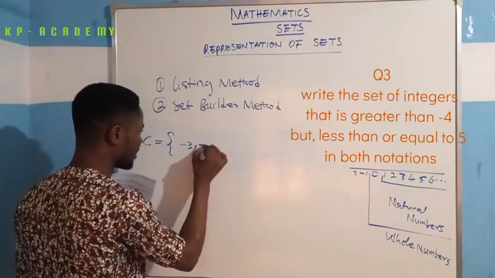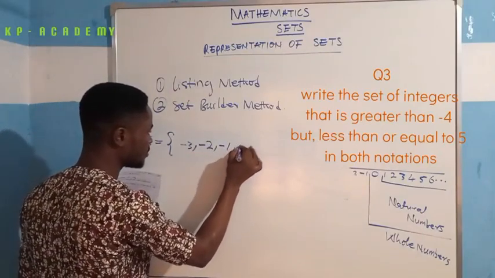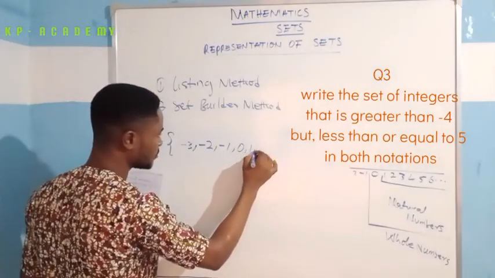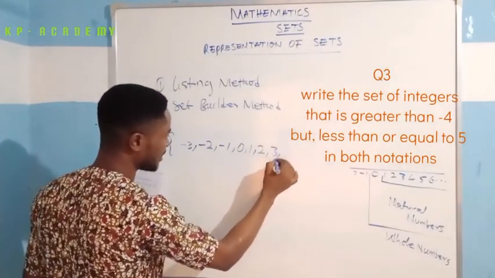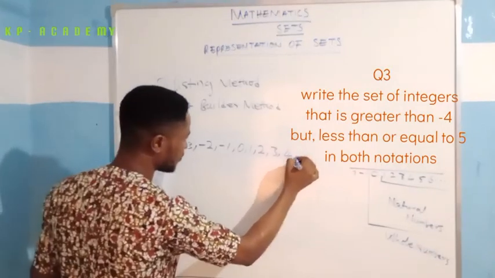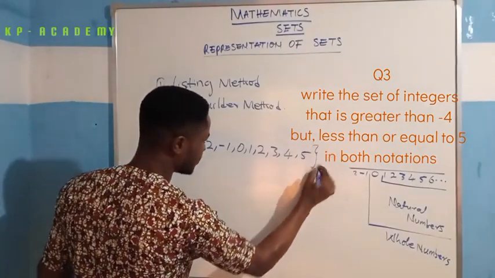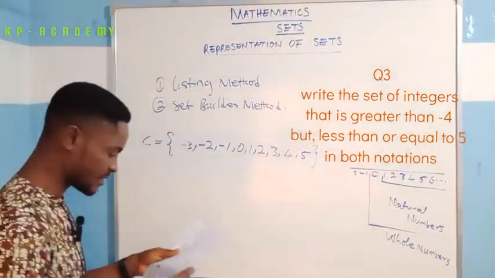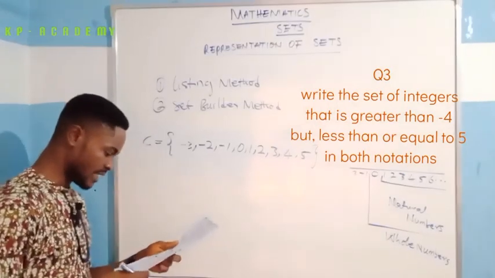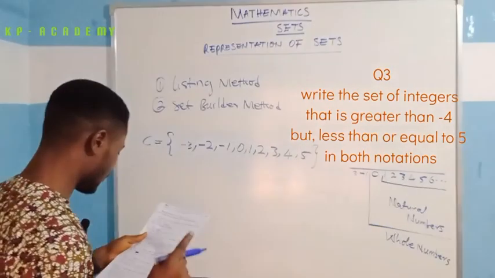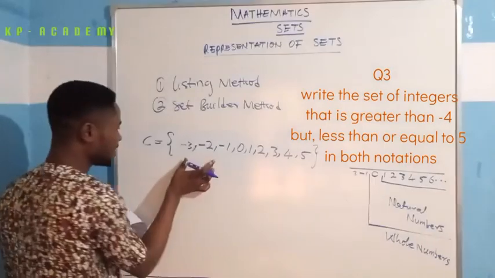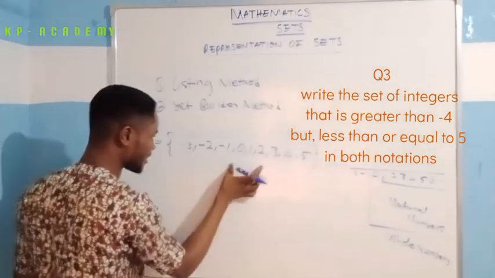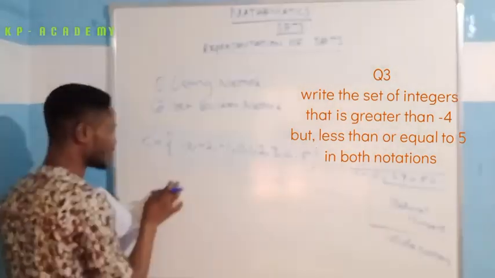So -3, -2, -1, 0, 1, 2, 3, 4, 5. We include 5 because it says less than or equal to 5. So this is the set in listing method for question 3.